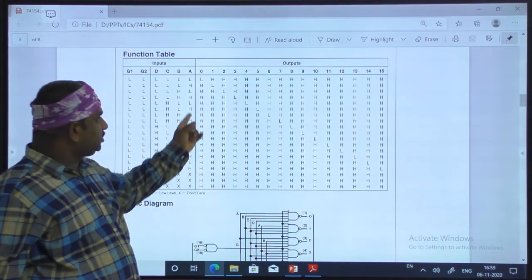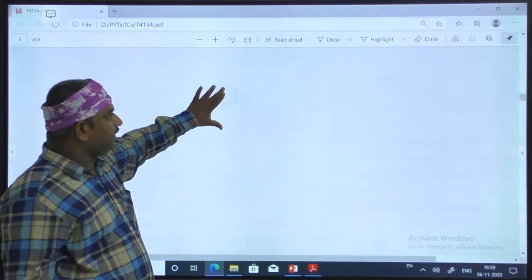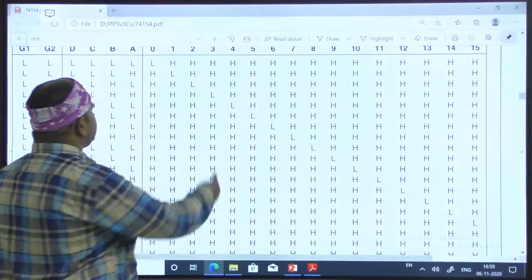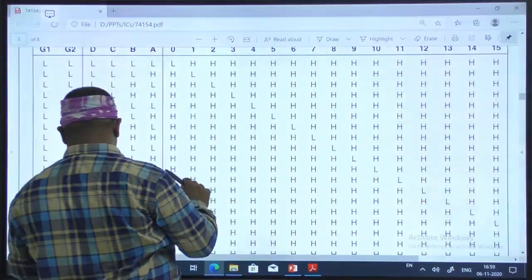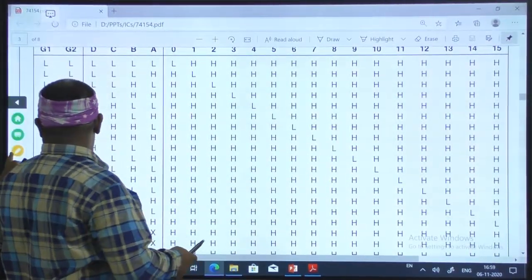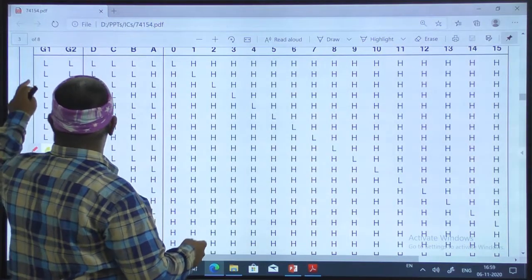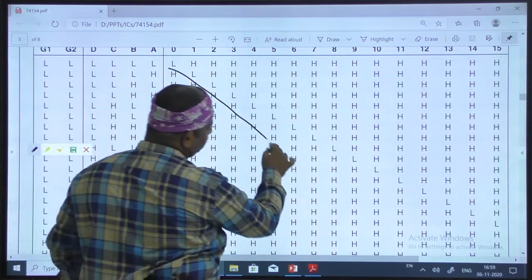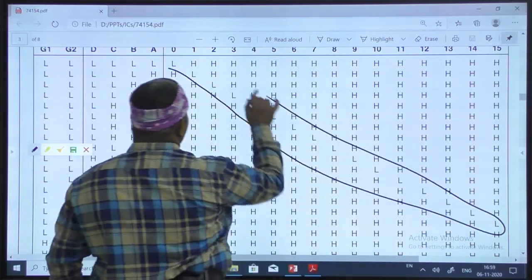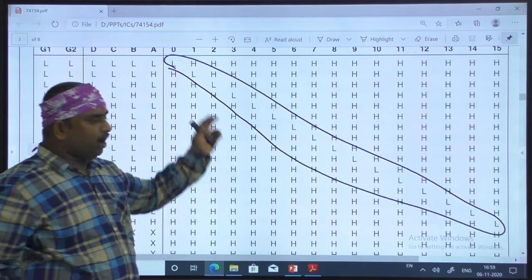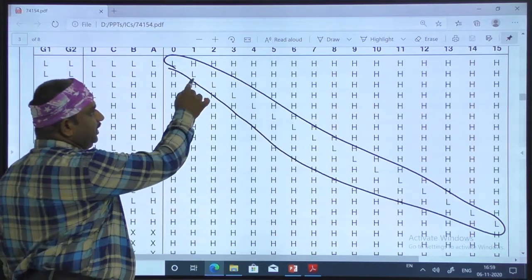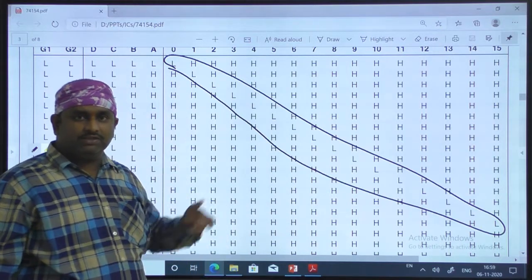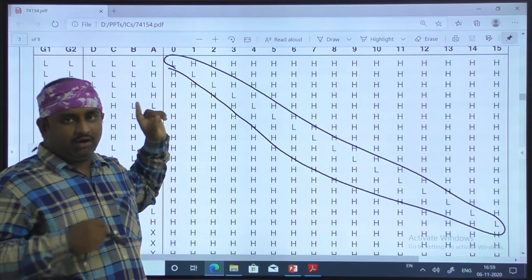In this table you can see all the H values, and the L values are available too.